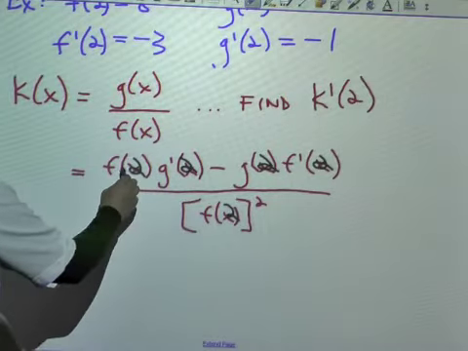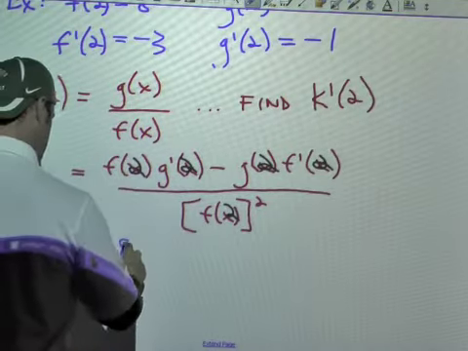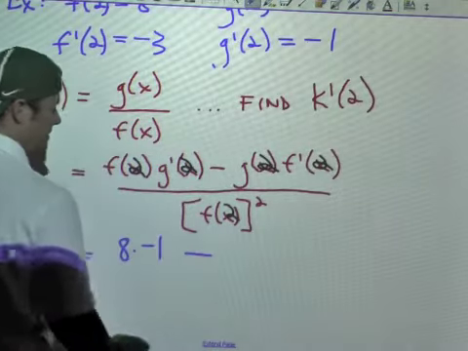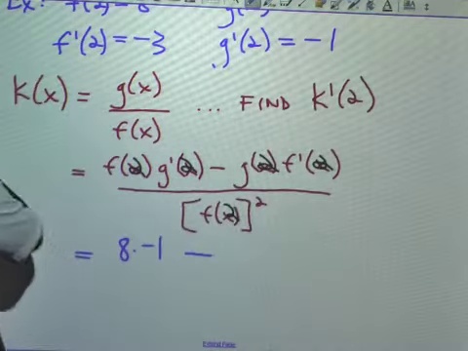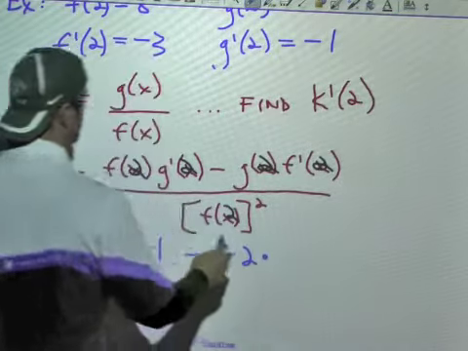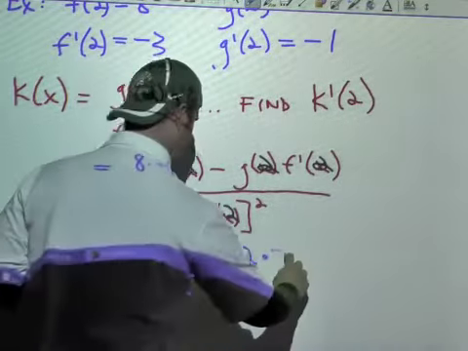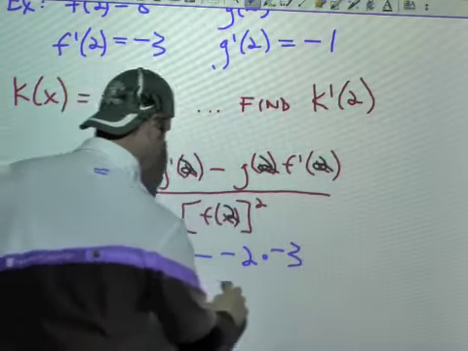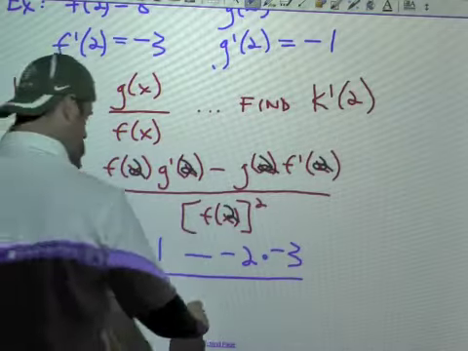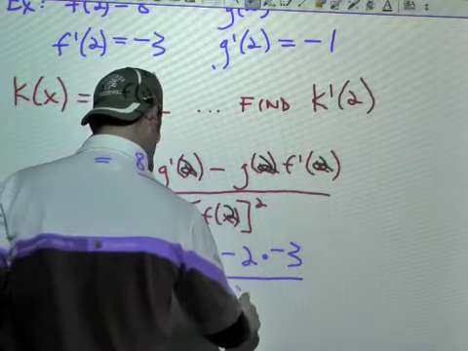Okay, so f of 2 was 8. G prime of 2 was -1. Minus g of 2 was -2. Times f prime of 2, which is -3. All over f of 2, which was 8, squared.